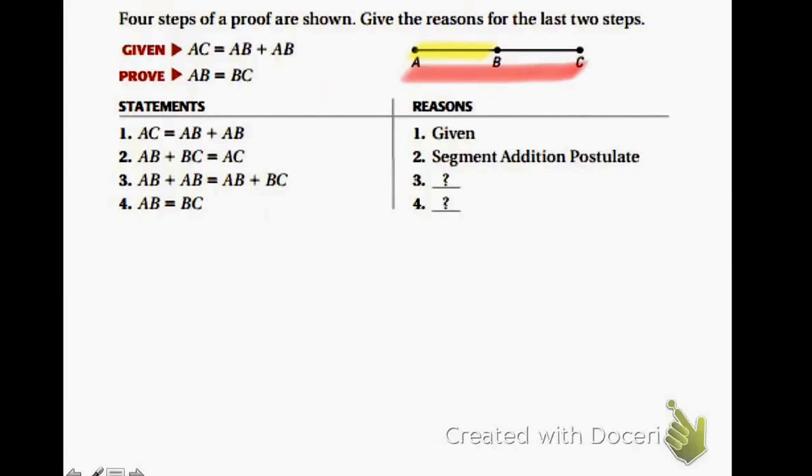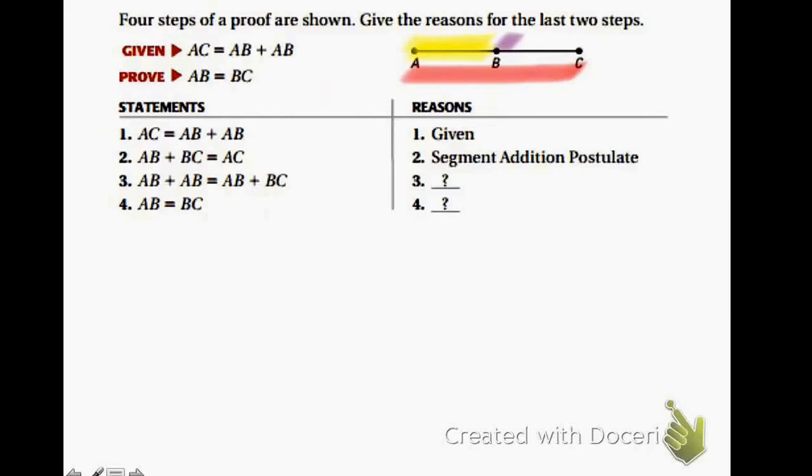Interesting, huh? So let's see what we can do with this. Based on that, they want us to prove that AB, the yellow one, is equal to the purple one. Okay? So they're telling us that the AC, the red one, is equal to AB plus AB, or in other words, 2 ABs.